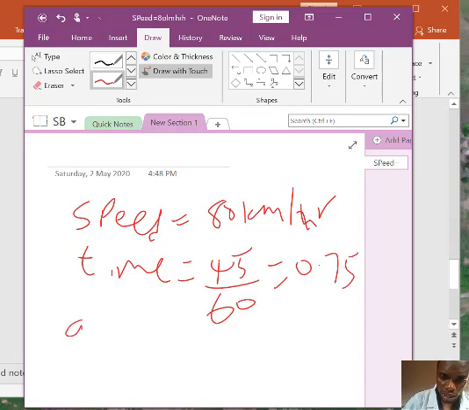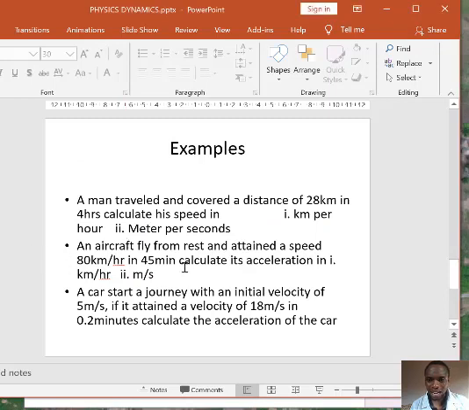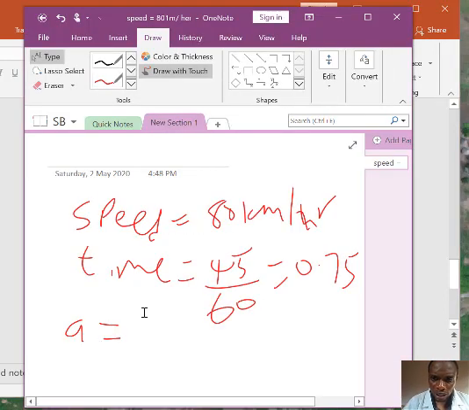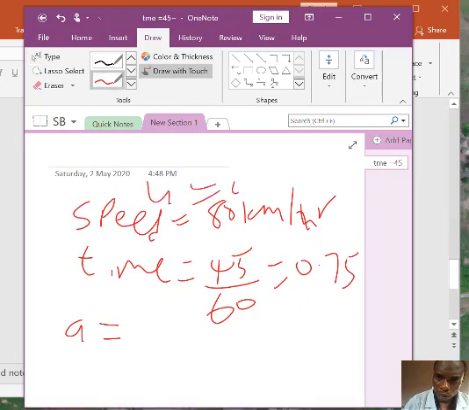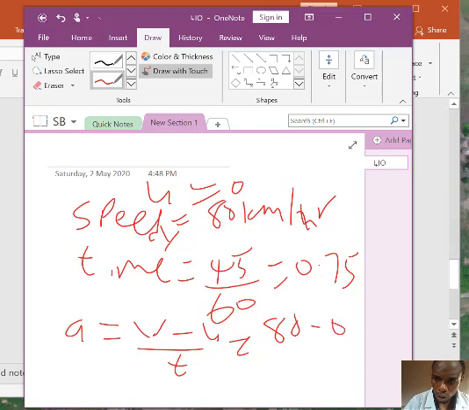Since the question said an aircraft starts from rest, our initial speed u is 0, while the final speed v is 80 kilometer per hour. Then we'll have v minus u all over t, which gives 80 minus 0 all over 0.75.